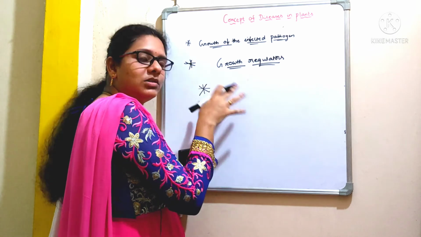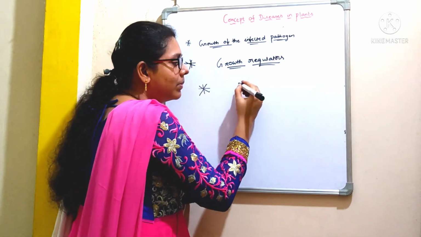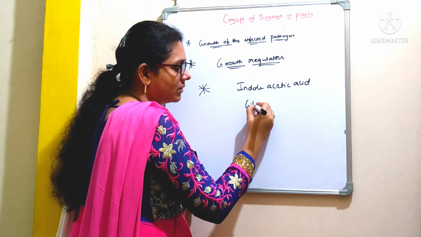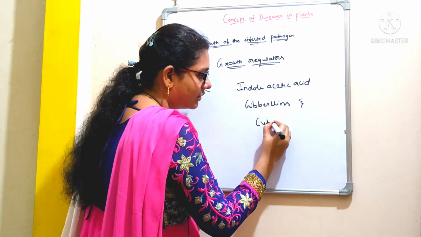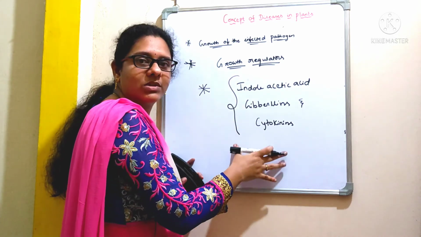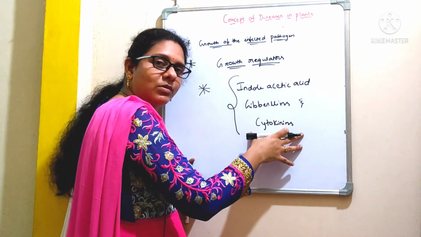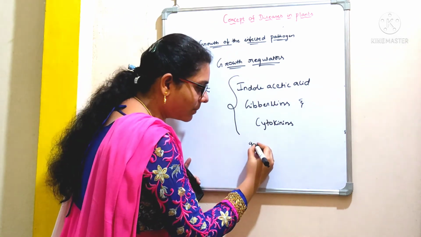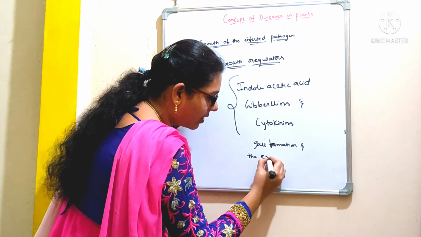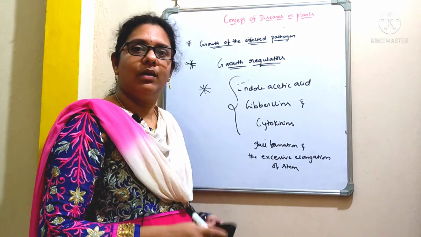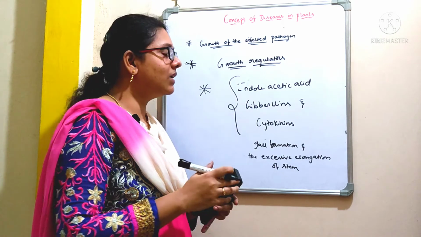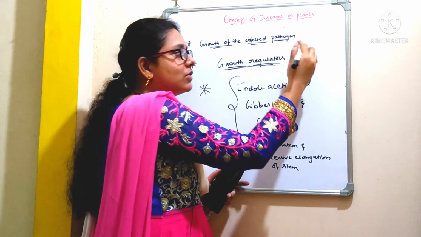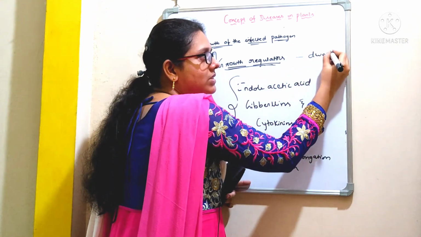And there are also certain pathogens which are capable of producing indole acetic acid, gibberellins and cytokinins. These are the growth hormones, right? So when these growth hormones are produced by the plant pathogens, that results in gall formation and excessive elongation of the stem. Hope you are clear with the difference. See, observe here. If these growth regulators are disrupted by the plant pathogens, that results in dwarfism.